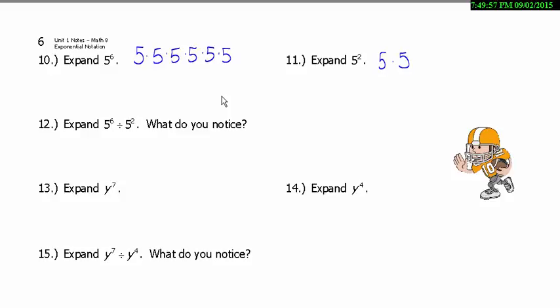So let's write it out slightly different this time. Let's write it out as 5 to the 6th over 5 to the 2nd. Our answer will end up being just like we did before, 6 5s up top and 2 5s in the bottom.